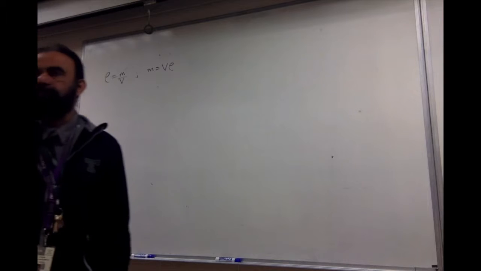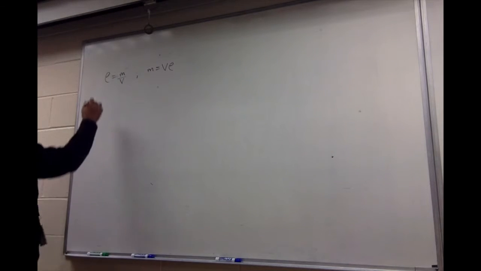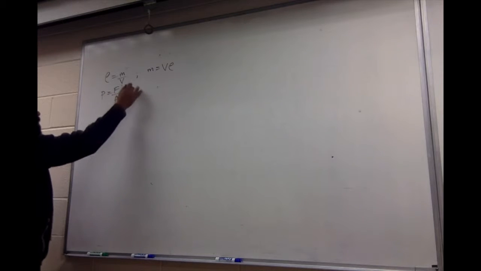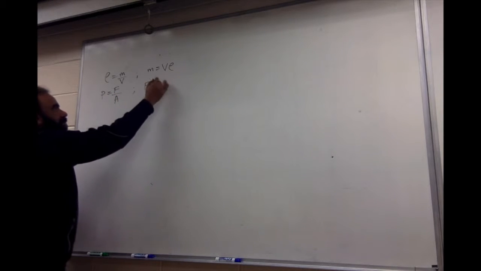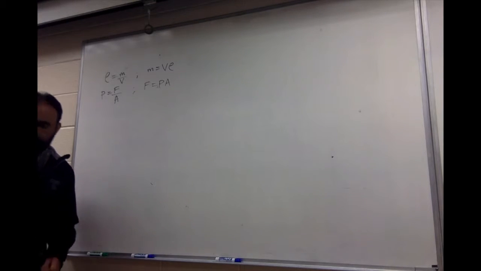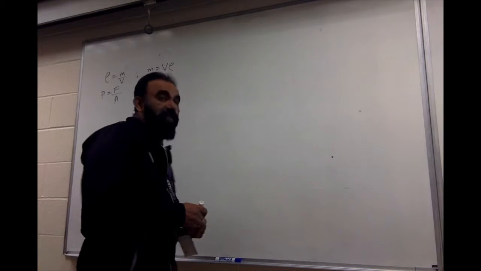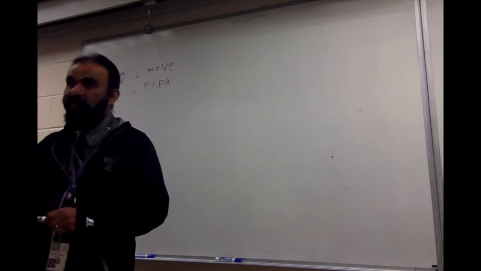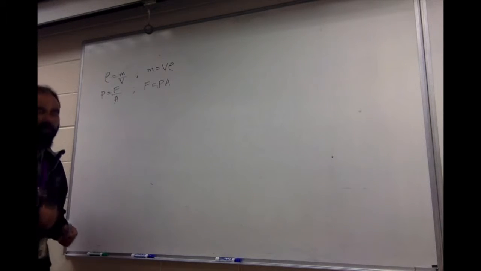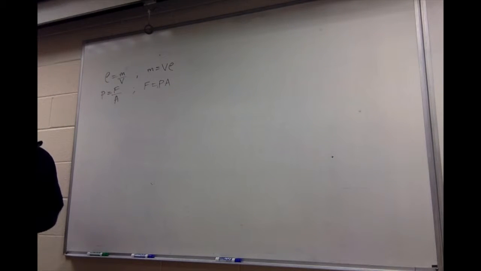Pressure. Pressure is equal to force over area, which also means force is pressure times area. What's the unit of pressure? Pascal. You can also use PSI in case you want to compare pressures, but the SI unit of pressure is Pascal.